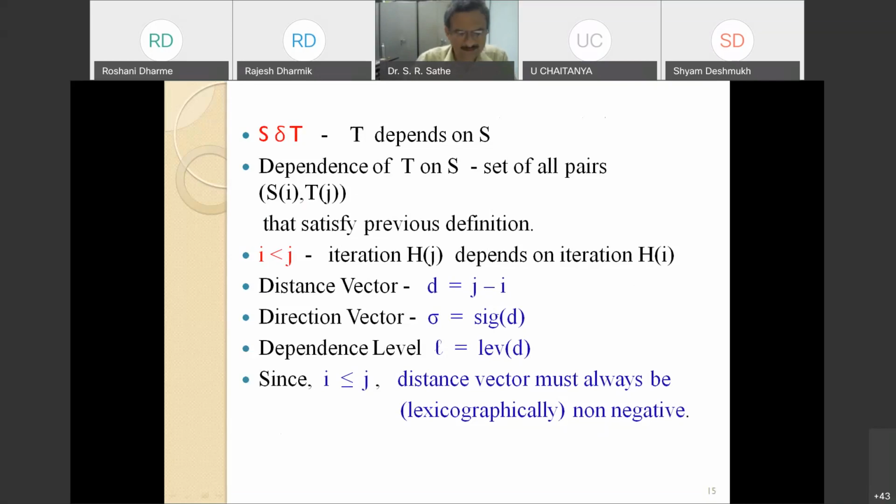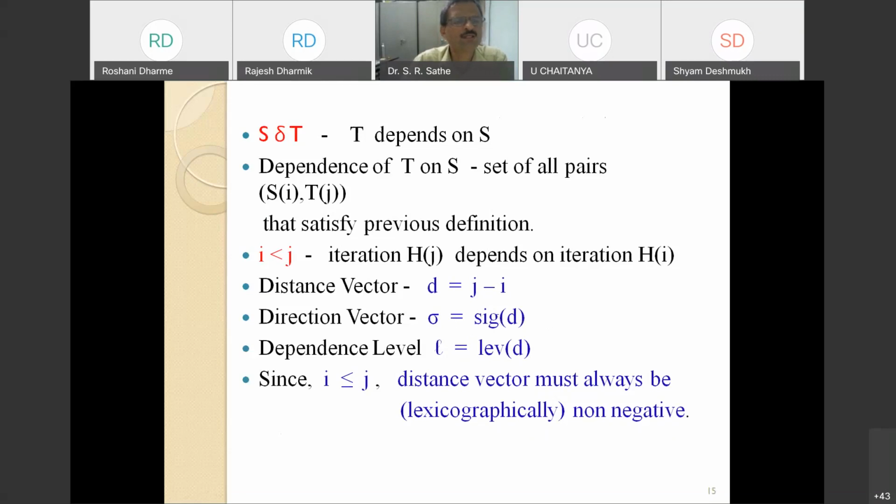If at iteration i equal to 2 the value is written, and at iteration 3 the value is read, so i is equal to 2, j is equal to 3, then the distance vector is 3 minus 2, which is 1. The direction vector is the sign of the distance vector, that's why I took this sign function initially. The distance is 1, so the sign is positive, which is 1.